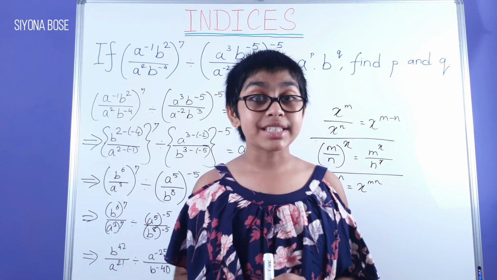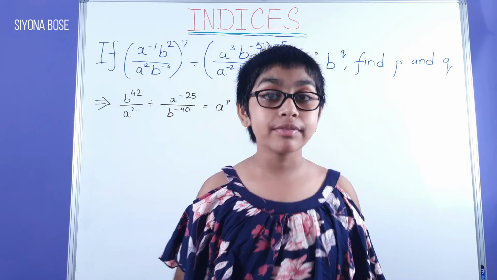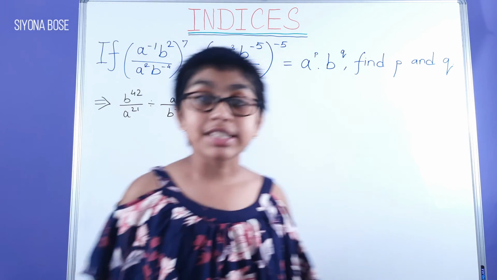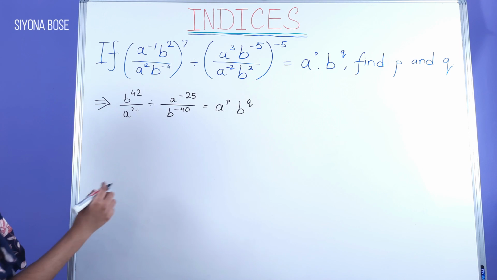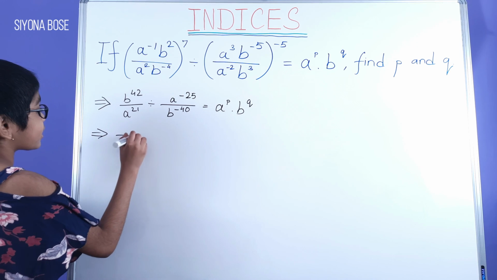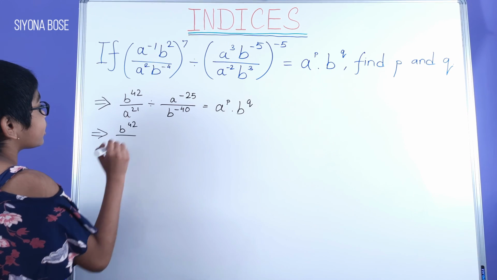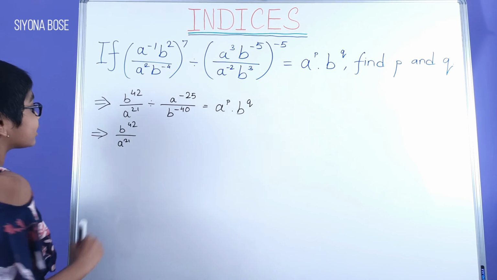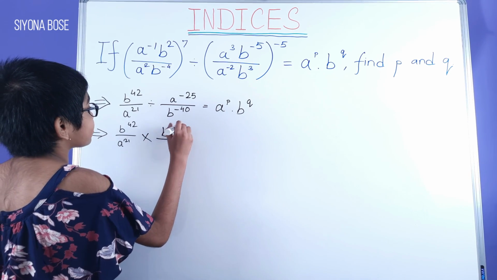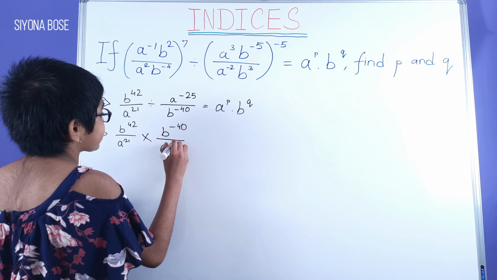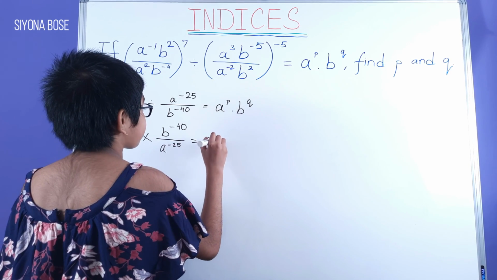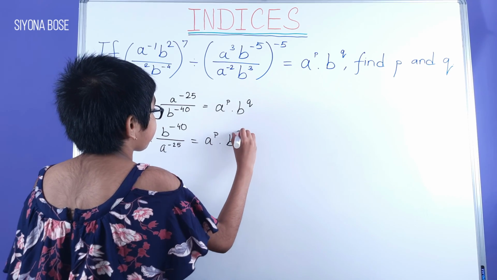Moving on to the rest of our sum, where we left off. So we stopped here. Now, reciprocal, we will change it to the multiplication sign, implies that b to the power of 42 by a to the power of 21 into b to the power minus 40 by a to the power minus 25 equal to a to the power of p into b to the power of q.